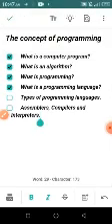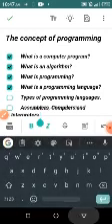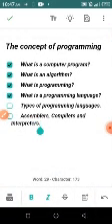So what is machine language and what is assembly language? Simply, machine language is the zeros and ones understandable by a computer. Machine language consists of simply zeros and ones.